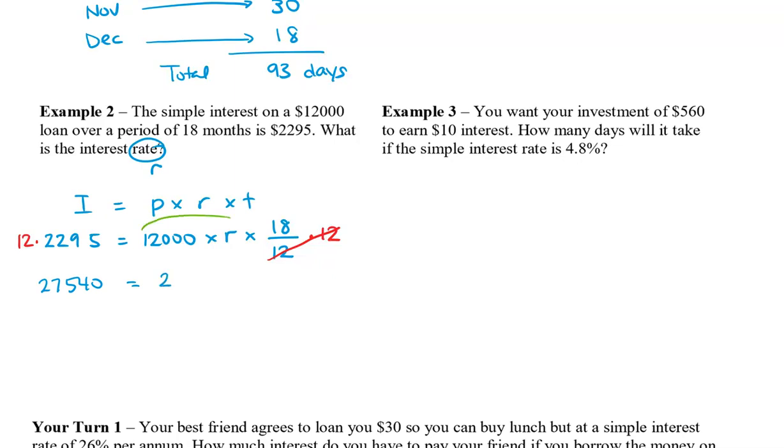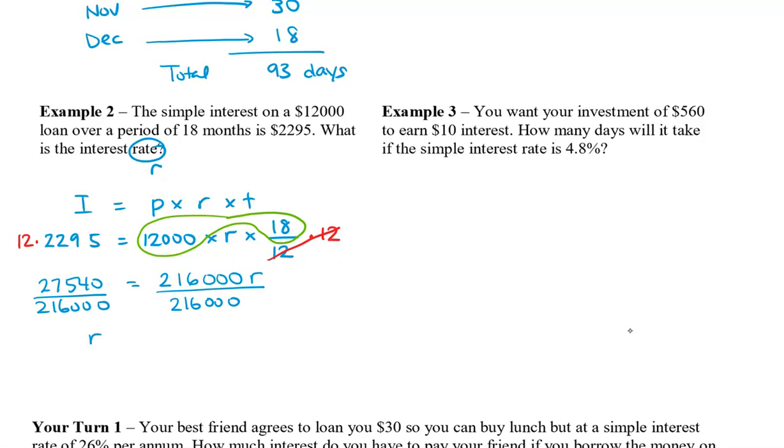and that equals these two numbers here. We're going to take those two and multiply them. So our 12,000 times 18, and that will give us 216,000, but we still have our R. And so to isolate our R, we're going to divide both sides by 216,000.